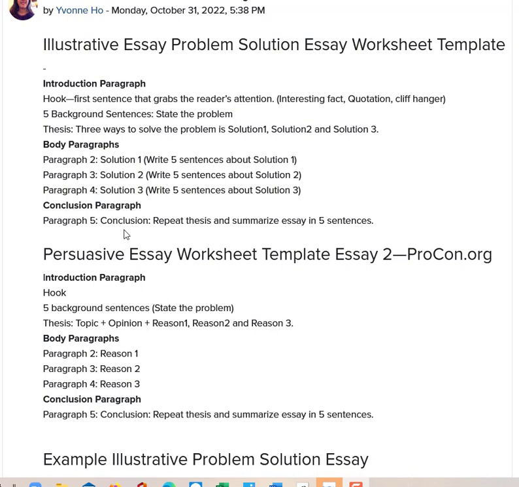And so in week 4 and 5, there's going to be a period of time where these 2 essays will overlap. You'll be finishing up your illustrative essay and at the same time starting your persuasive essay. That's pretty much the 2 essays you're going to write for Los Angeles Pacific University English 101 class.